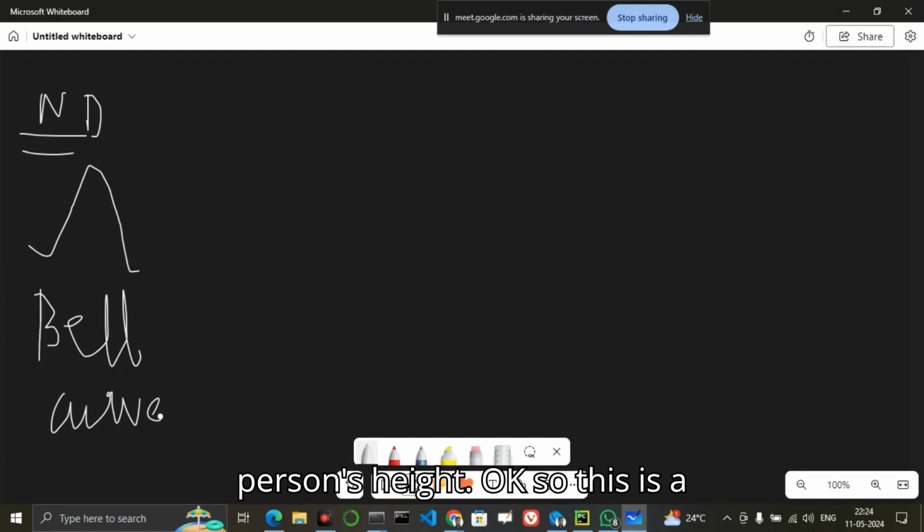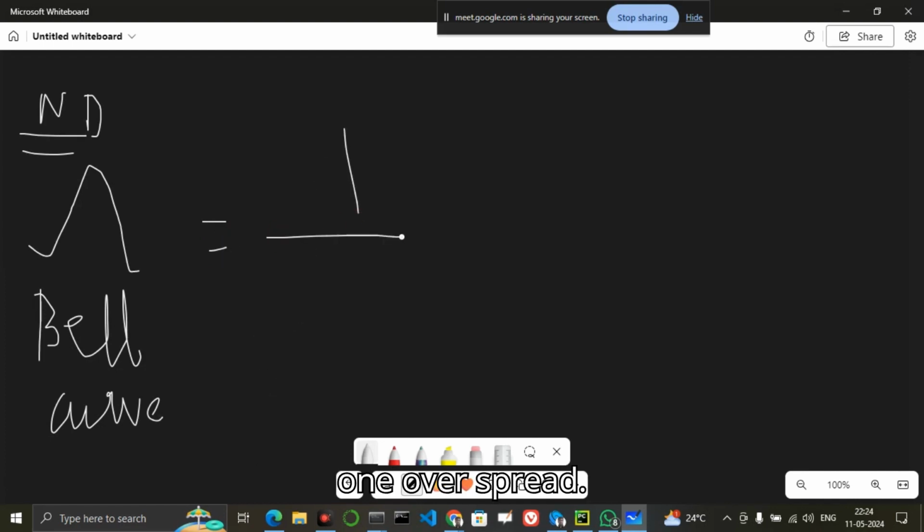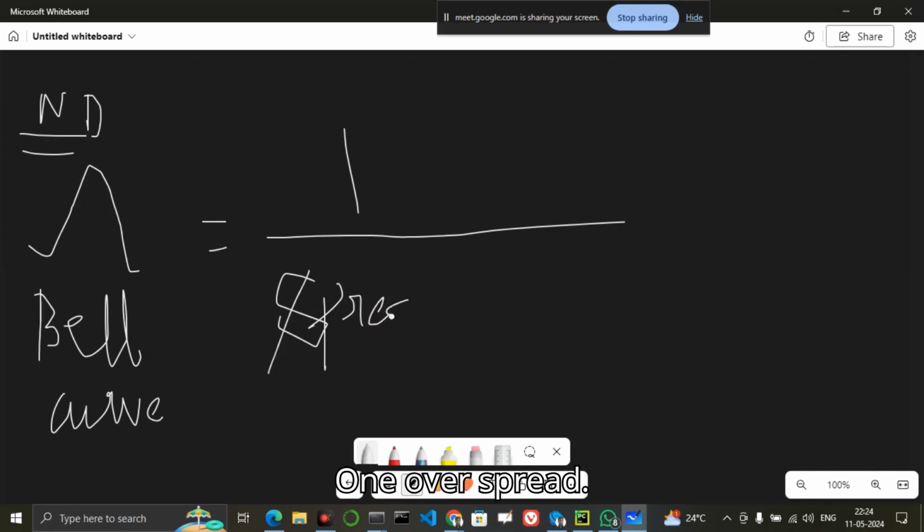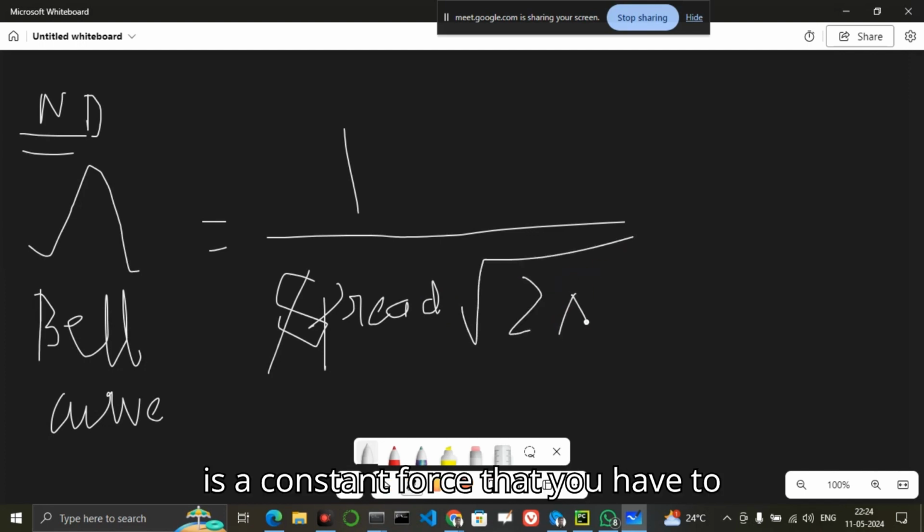So this will be equal to 1 over spread times root 2 pi. This is a constant, folks, that you have to remember: 1 over root 2 pi.